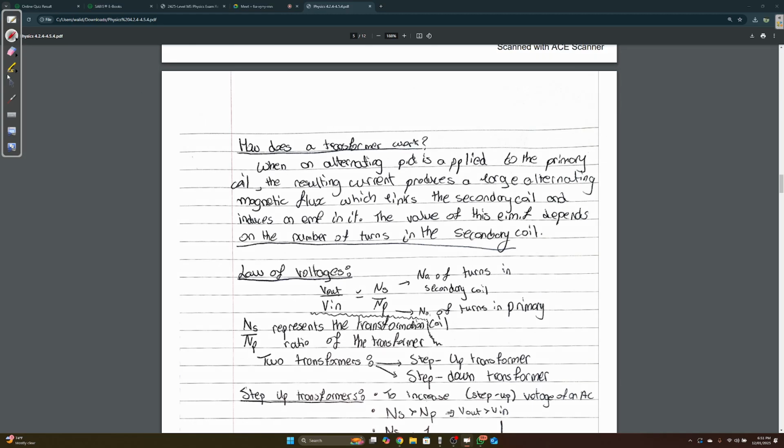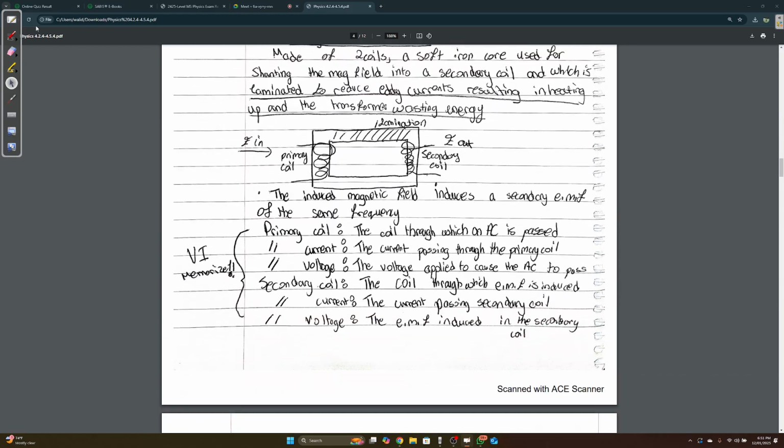Like I told you, let me go back up to my drawing. You're going to have an alternating current go in. It turns, producing a large rate of change of magnetic flux. This change of magnetic flux basically sends the current over here to the secondary coil, where it goes out, right? Now, let's say here you have 20 loops. It's very simple.